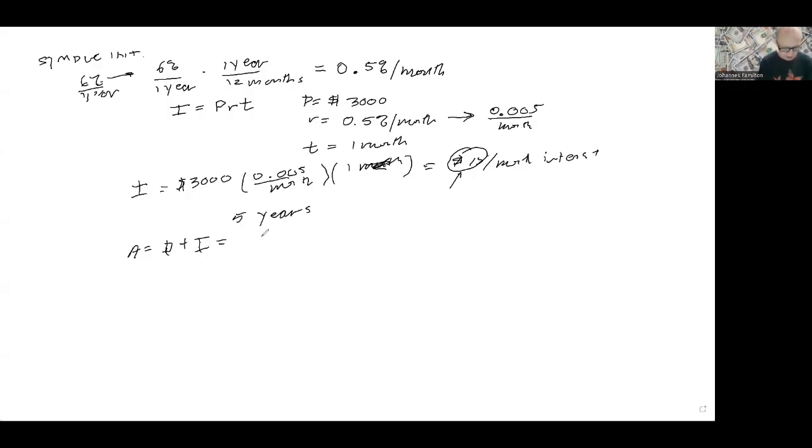And in this case, since we're now going back to years, we have the $3,000 plus our $15 per month that we just found, times 12 months in 1 year, times 5 years.